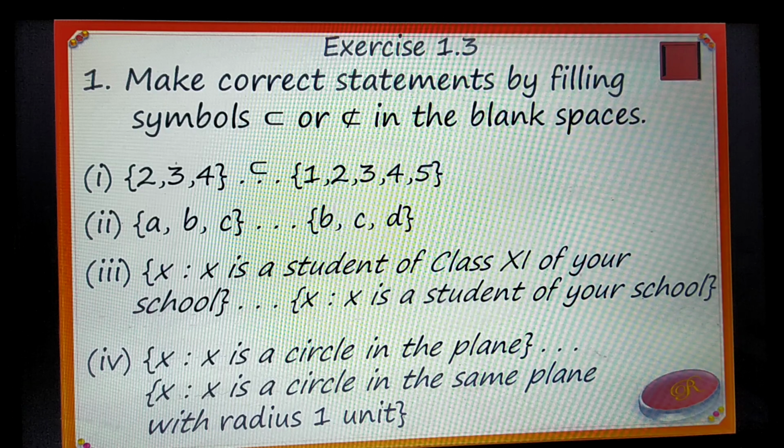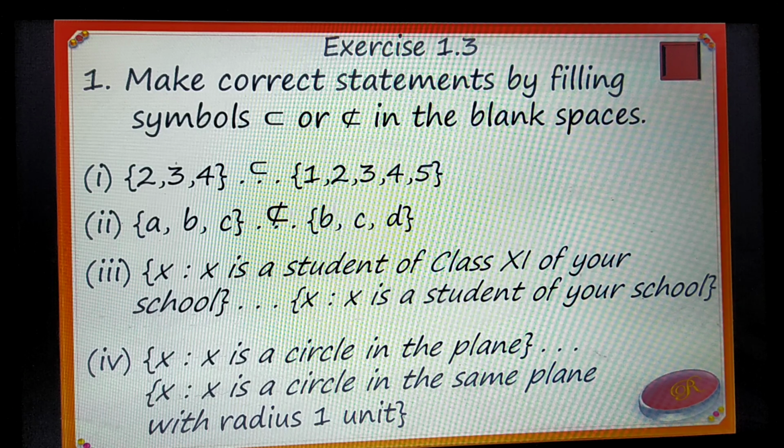Number 2. The set with elements a, b, c, dash, the set with elements b, c, d. Solution. The first set is not a subset of the second set because a belongs to the first set but a does not belong to the second set.